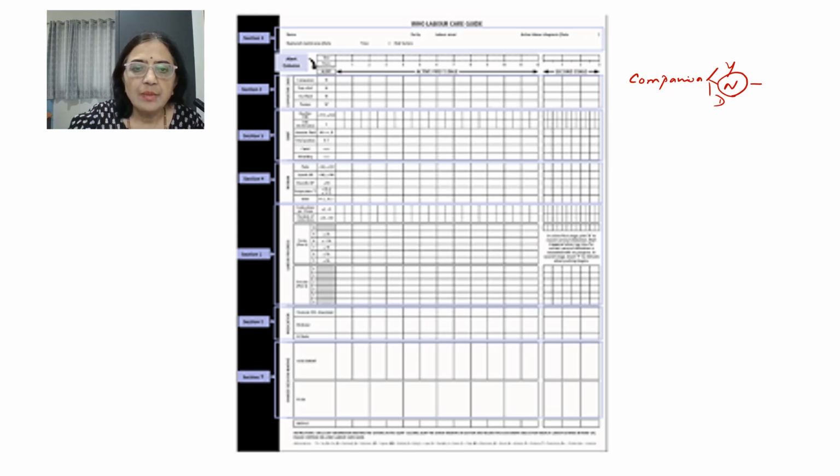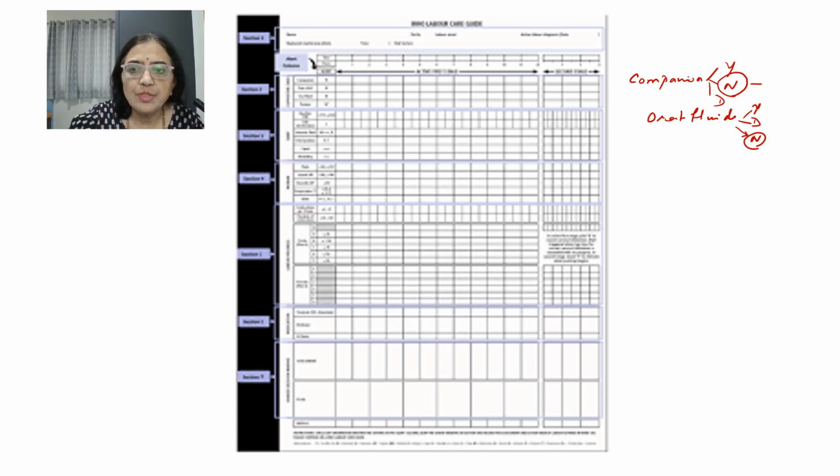Similarly, for oral fluids, same: Y, D, and N. If the patient is declining, it's okay. If the patient is having, it's okay. But if the patient wants and is not getting, it is N, and it is a red alert. So for each, the N will be the alert.